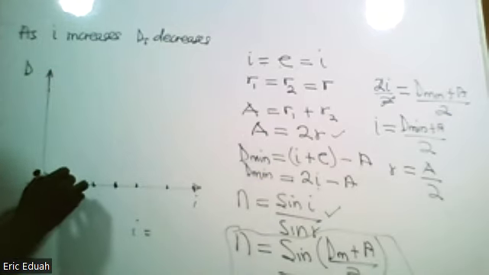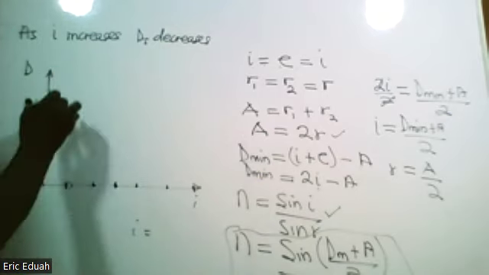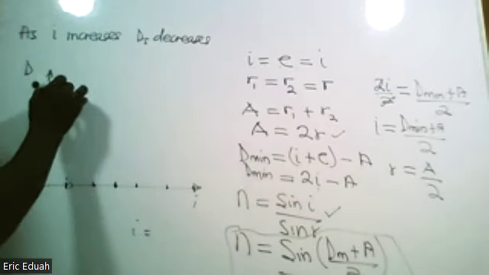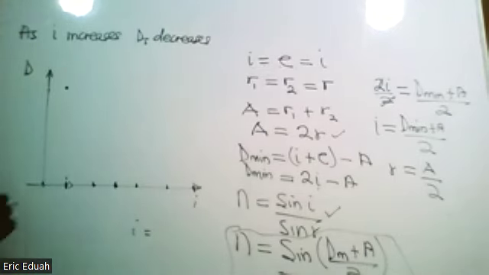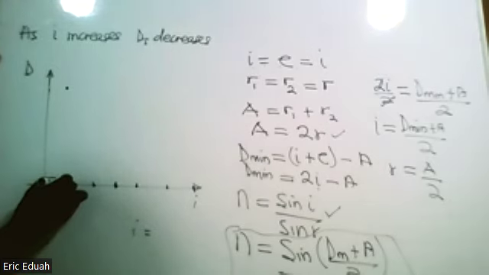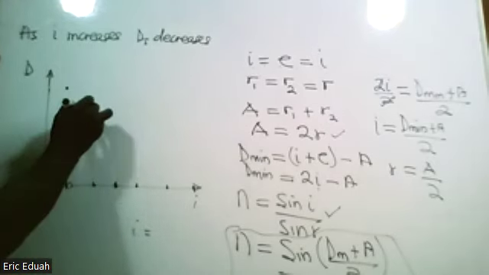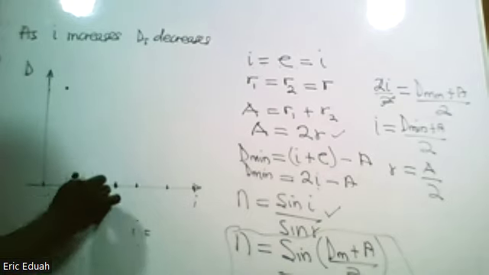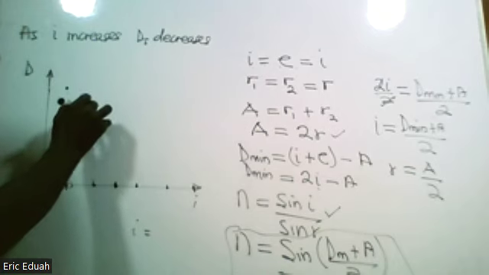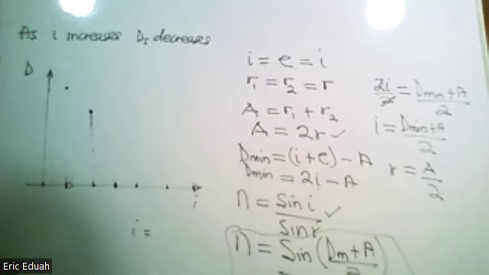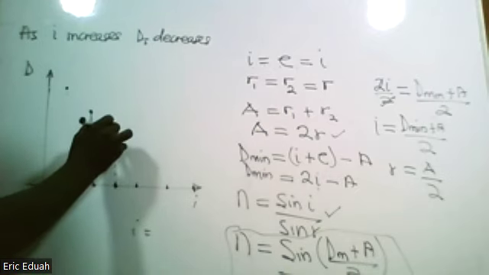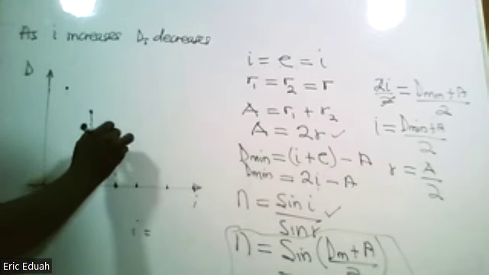Please get the difference. So when i is zero, there wouldn't be deviation. So this curve will never intersect the vertical. Now, as i increases, D would also decrease. Let's assume this is here. This is here.